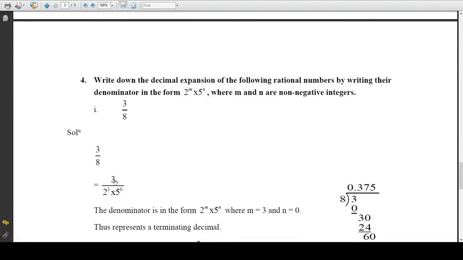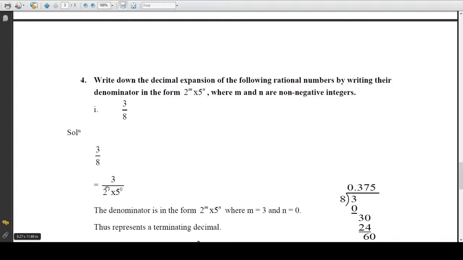Now 3 by 8 you can write 3 as it is, because there is no more factor. And the factors of 8 are 2, 2, 2, isn't it? Now 2 cubed multiply 5 to the power 0. As we have discussed in the last problem, 5 to the power 0 is 1.